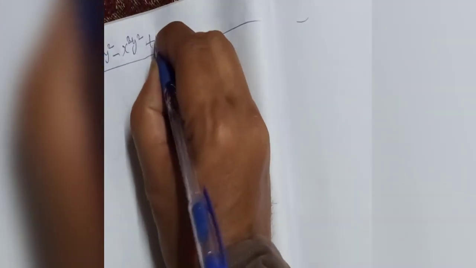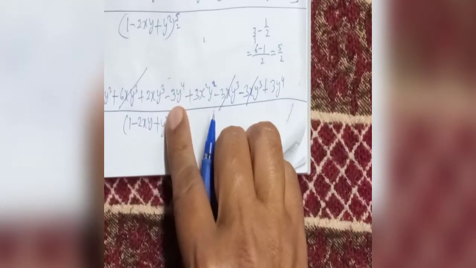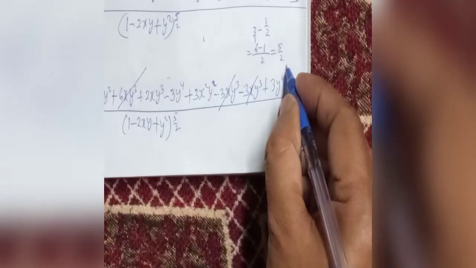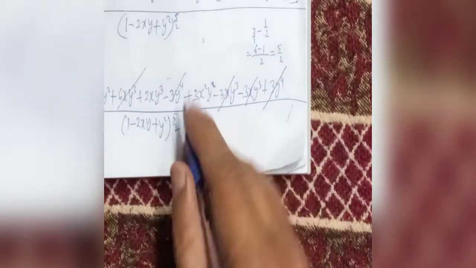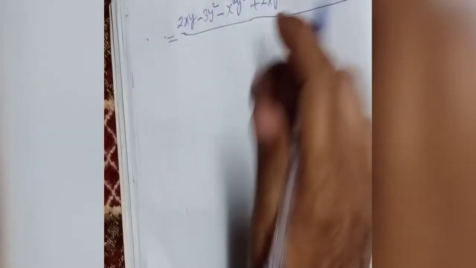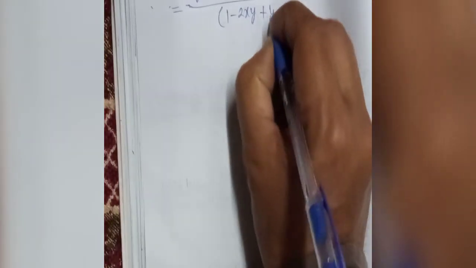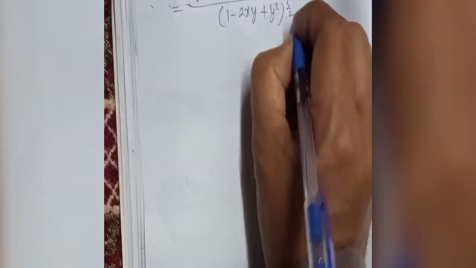The next term is minus 3y cube, and this term is plus 3y cube, so these cancel out. There is no term remaining to write here, only the denominator, which is 1 minus 2xy plus y square whole power 5/2.